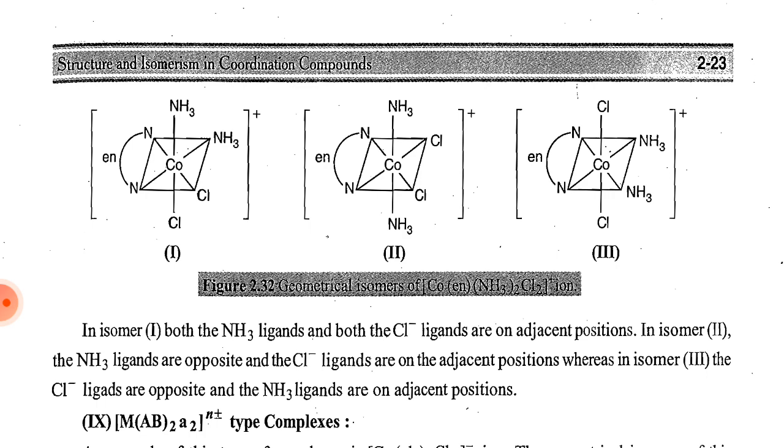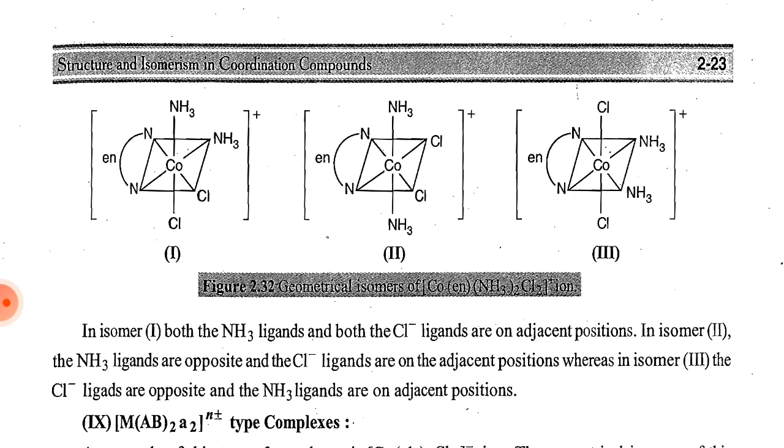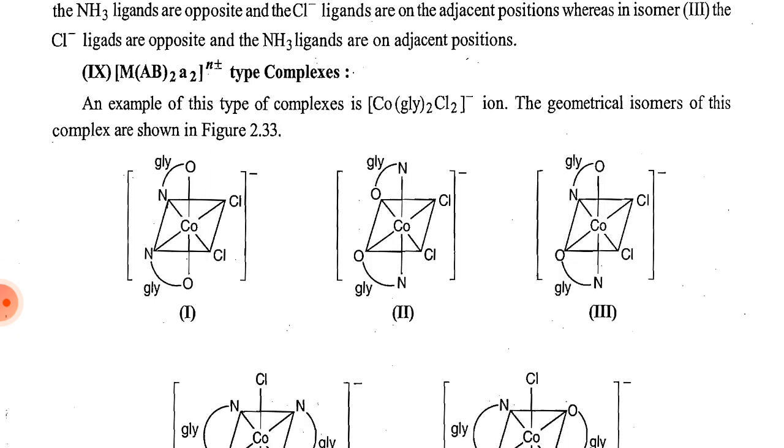In the first, both the ammonia ligands and both Cl minus ligands are at adjacent positions. Then in isomer 2, the ammonias are opposite and the Cl minus ligands are at adjacent positions, whereas in isomer 3 the Cl minus ligands are opposite and the ammonia ligands are at adjacent positions.